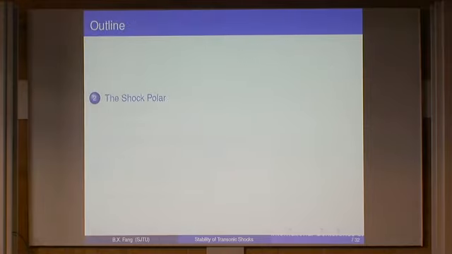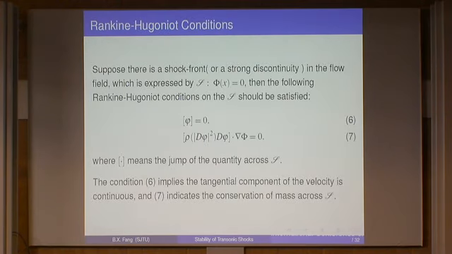So and then I'd like to introduce the so-called shock polar for the solutions, which we can derive from these Rankine-Hugoniot conditions. So we assume that on both sides of a shock front, the potential is a linear function, which means that the flow is a uniform flow. So it's a constant velocity.